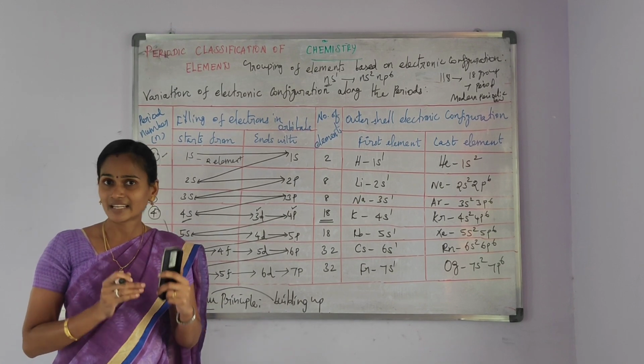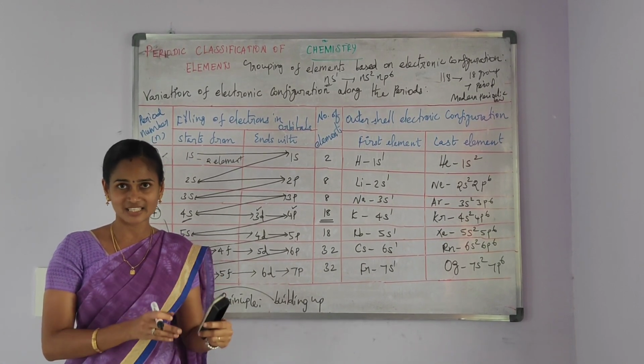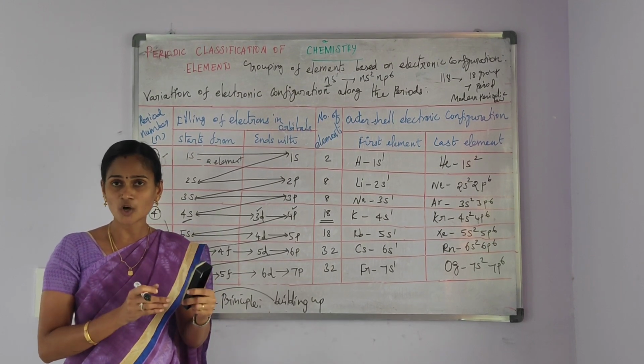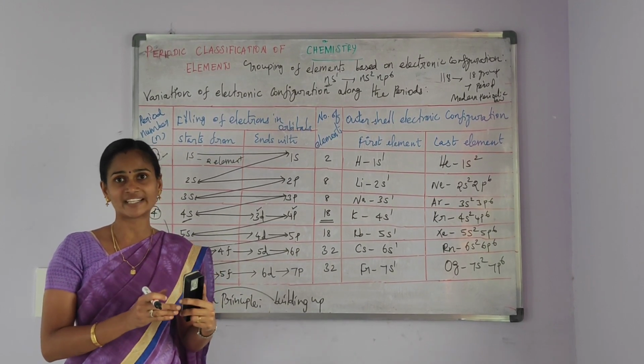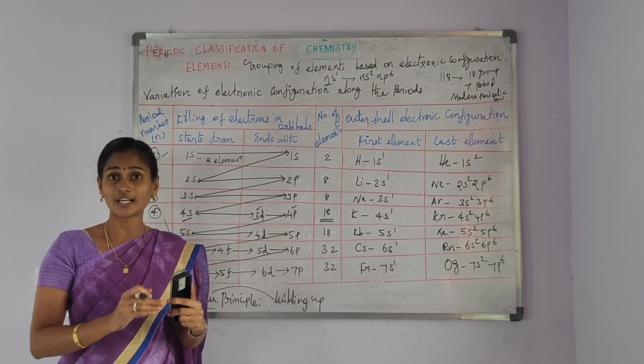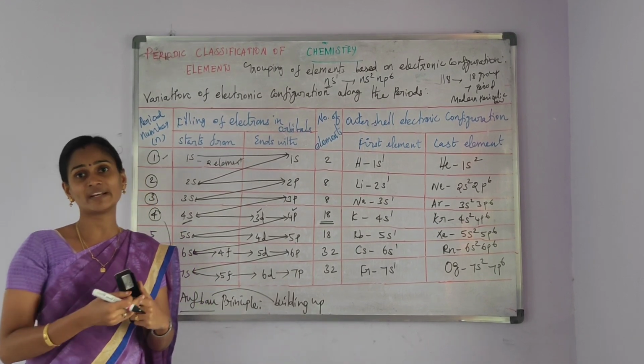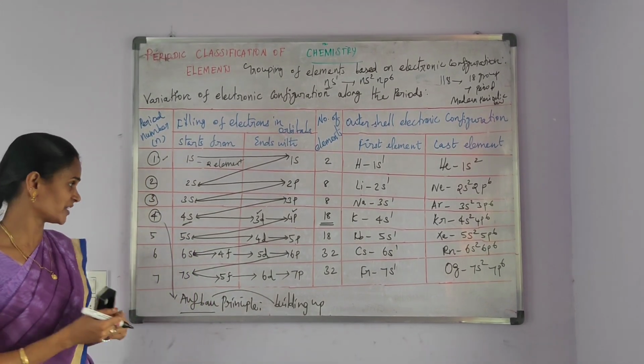That is, the electrons are filled in the increasing order of the energy level. After the filling of the lowest orbital, the electron moves to the filling of the higher orbital; this is called the Aufbau principle.